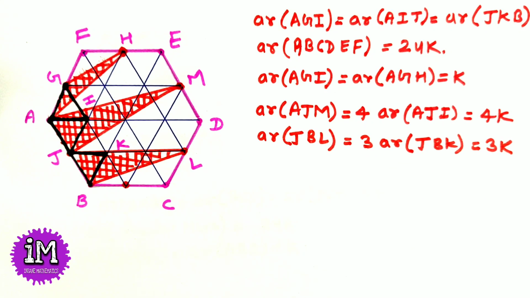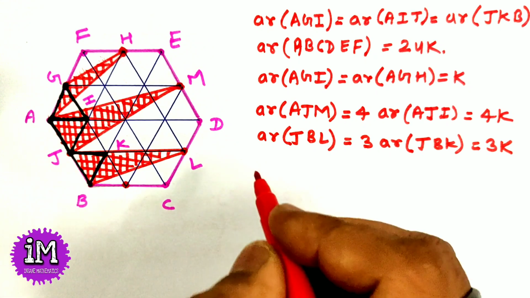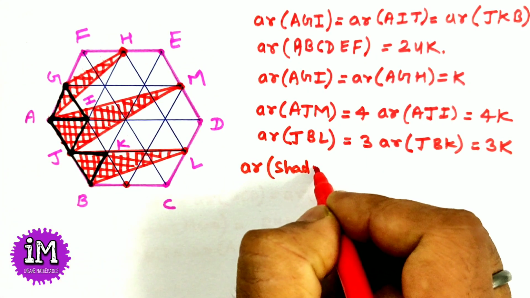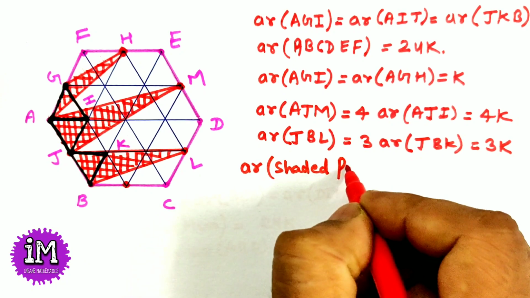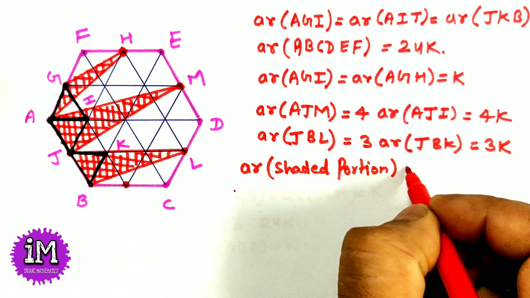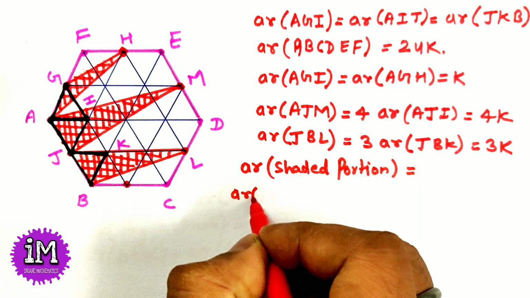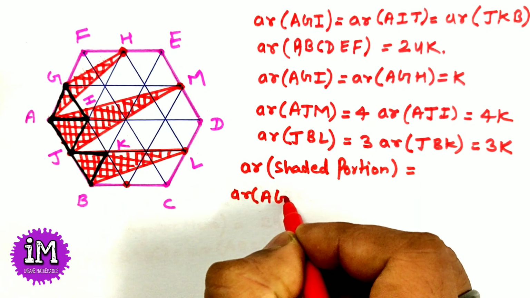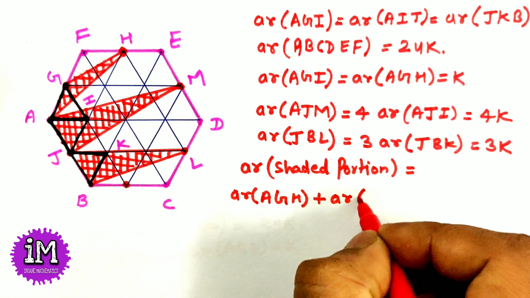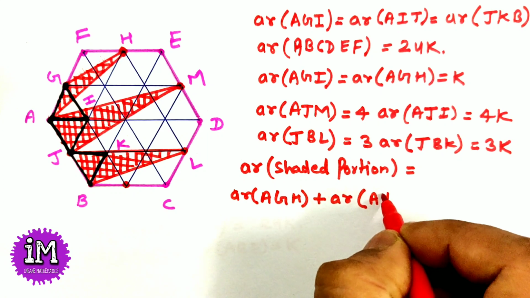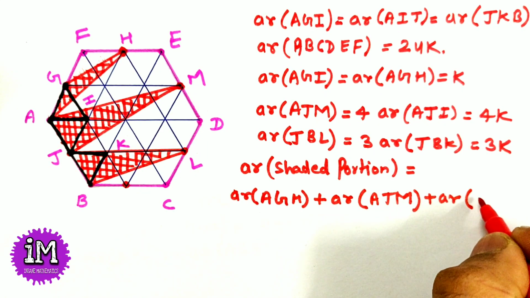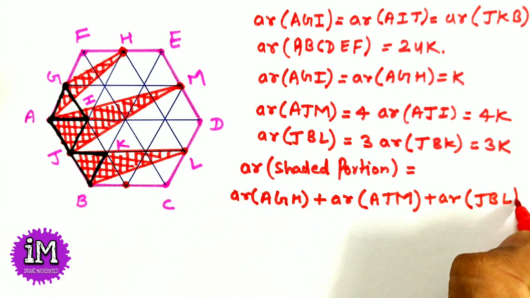Now we need to calculate the area of the shaded portion. So the area of the shaded portion will be equal to the area of triangle AGH plus the area of triangle AJM plus the area of triangle JBL.